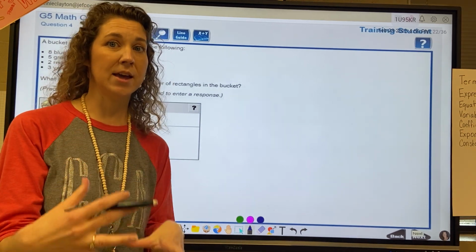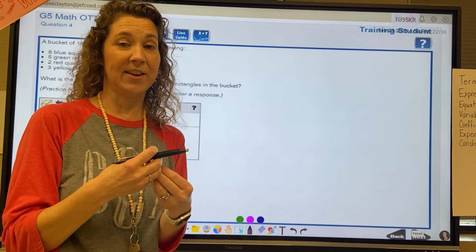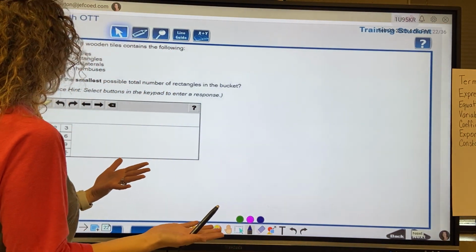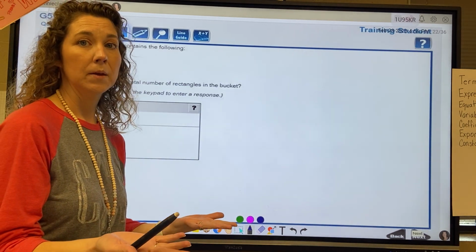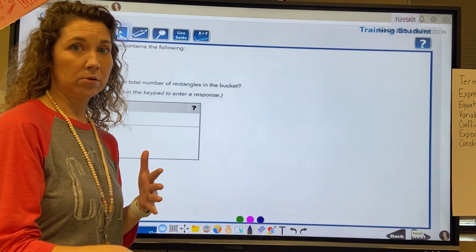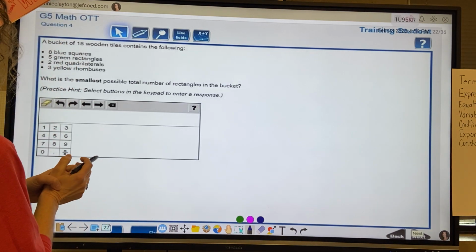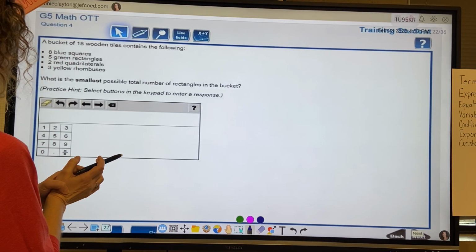Squares qualify as rectangles. They're just a little bit more specific. They have 4 equal sides, but they still meet all the requirements for a rectangle.